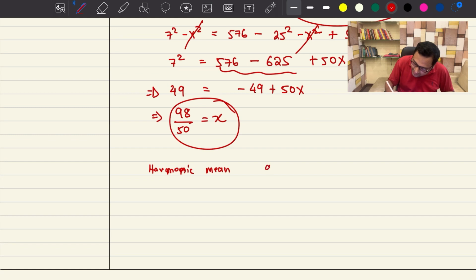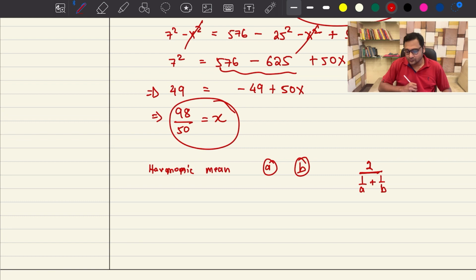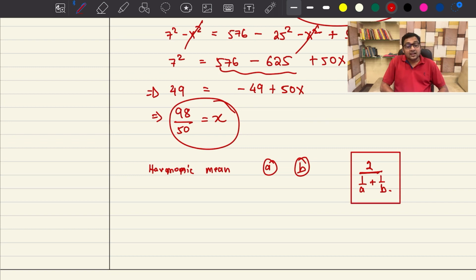If you have two numbers a and b, the harmonic mean is 2 over (1 over a plus 1 over b). That's the harmonic mean. So can you try to find the geometric construction for the harmonic mean, just like we did for the geometric mean?